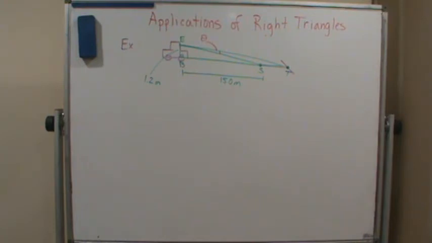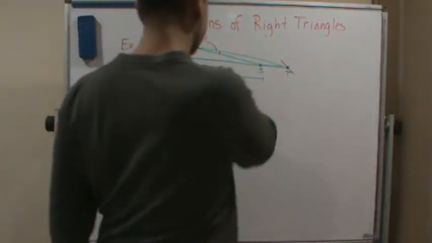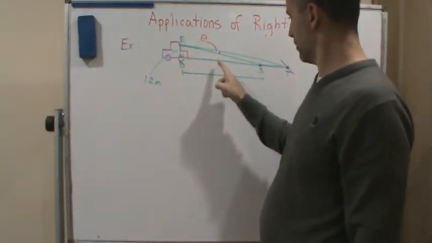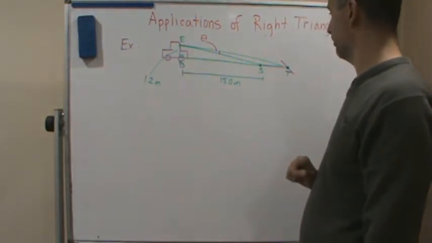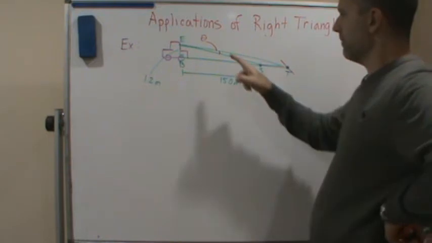So here's a couple things. We know that this forms a right triangle, and we're trying to find angle theta here.